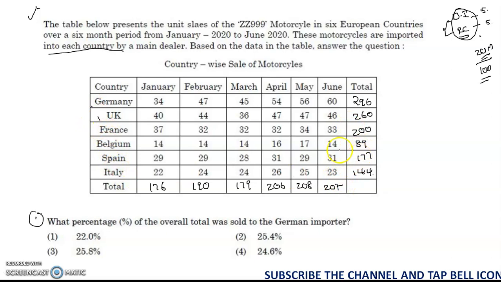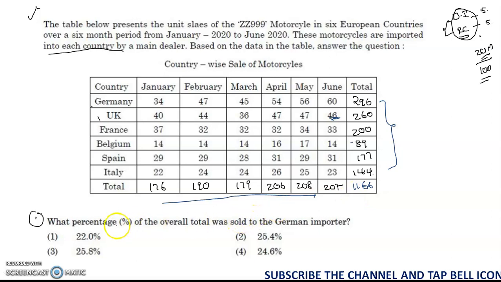Fine. So these are the values, guys, and if I calculate all these values, I will get 1166 as the total. Okay, so it is the data.